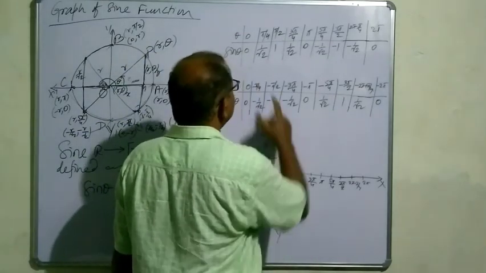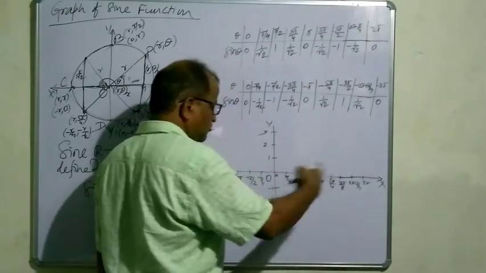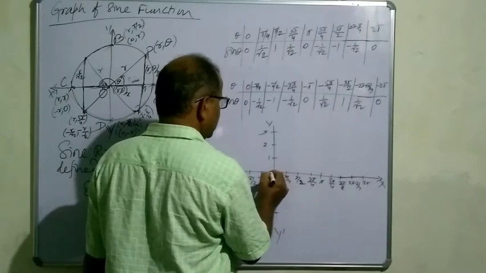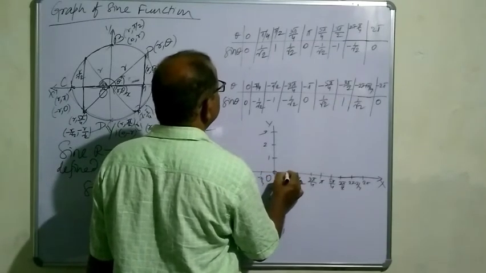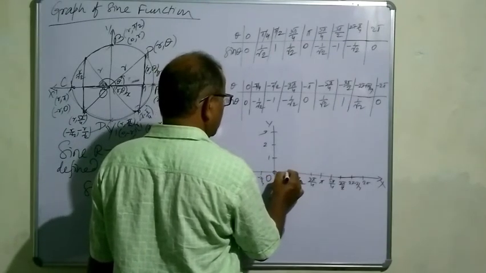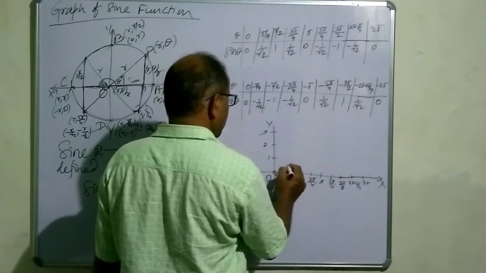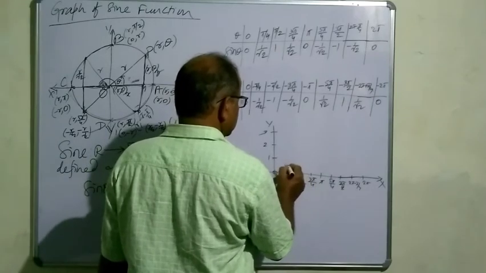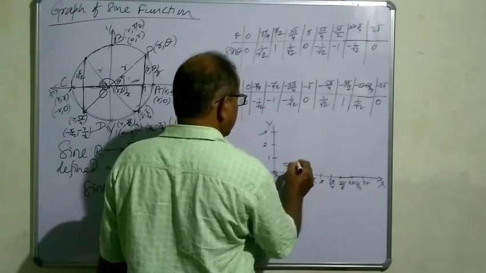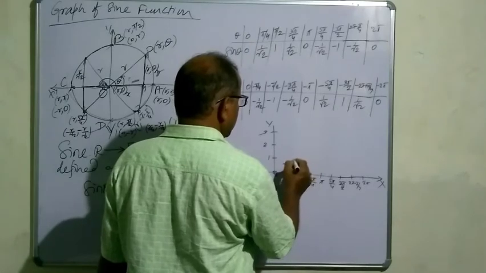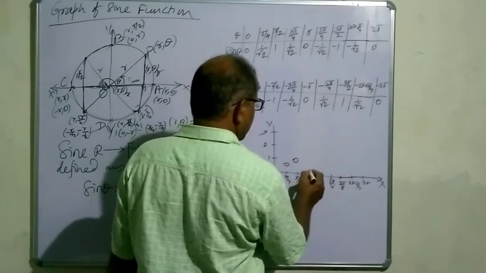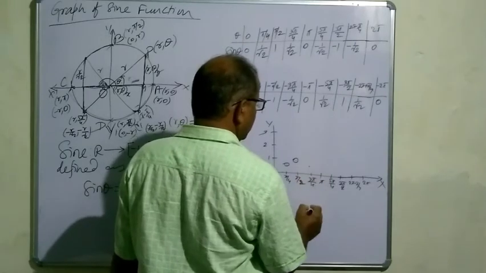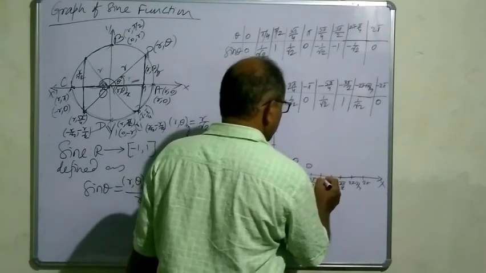It is 0, 0, pi will go to right. It is 0 means 0. So this is a point. Then when pi by 4, it is 1 by root 2, somewhere here, and this is a point. Suppose pi by 2 it will be 1, this is the point, then again 3 pi by 4 it is again 1 by root 2.